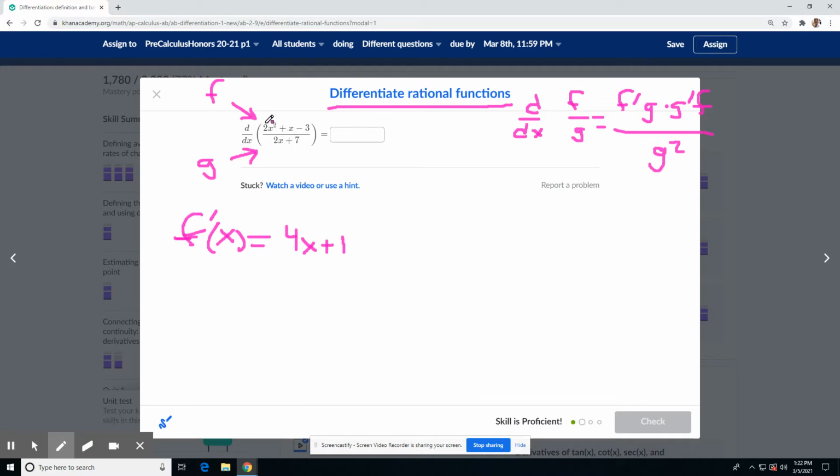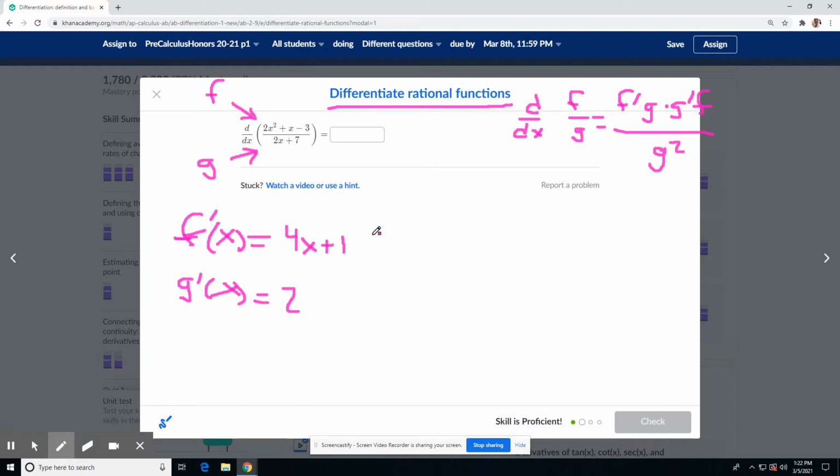Okay, 2 times 2 is 4. 2 minus 1 is 1. Whenever you have just an x term, it's the number in front. So the number in front's a 1. Derivative of a constant is 0. Derivative of the bottom with respect to x, just the 2. Like I said, when you just have an x term, it's the number in front or the coefficient. And the derivative of a constant is always 0.